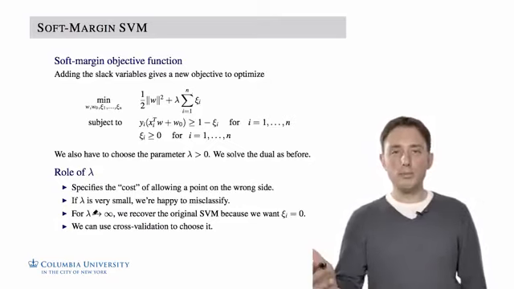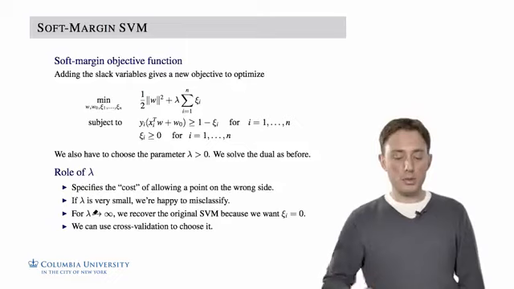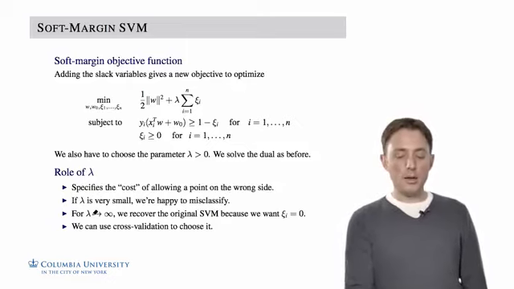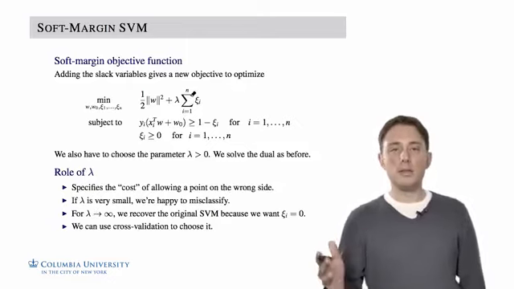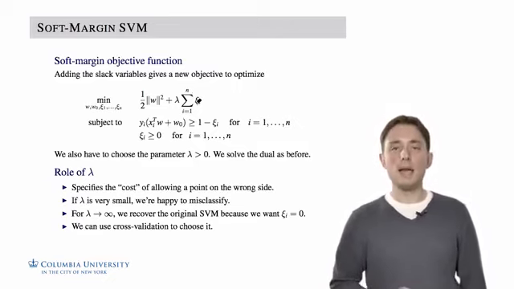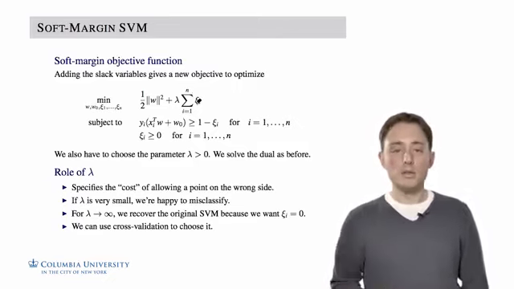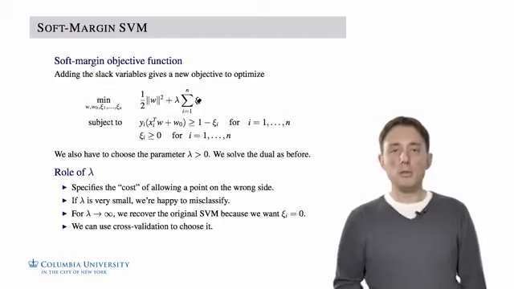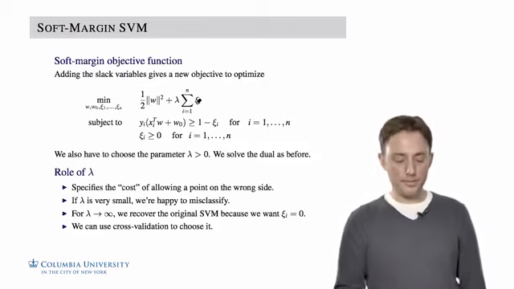When lambda gets bigger and bigger, as it goes, for example, to infinity, then we're paying an infinitely large penalty by letting any of these psi's be greater than 0. And then we get back to the original SVM where we're trying to enforce perfect separability.